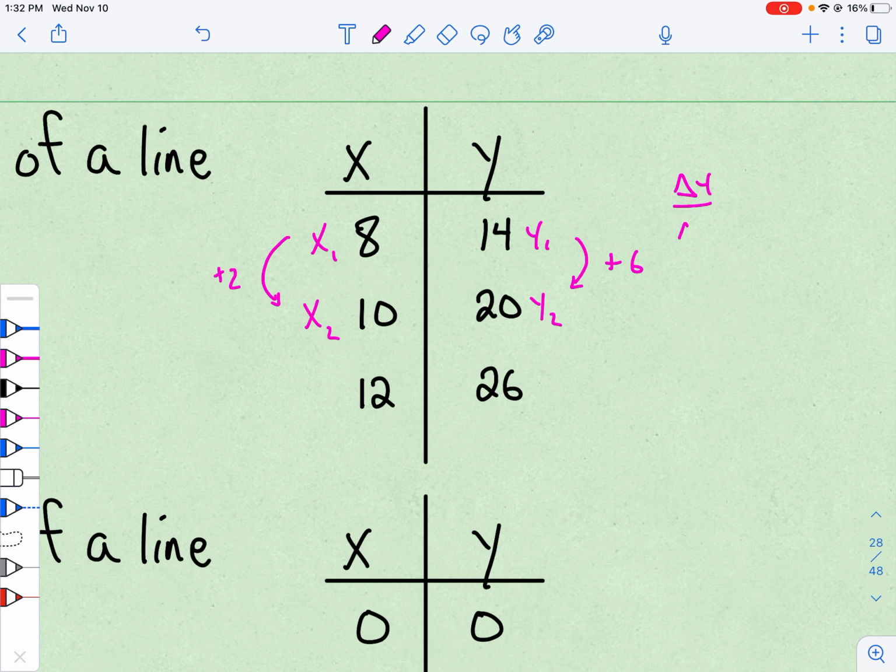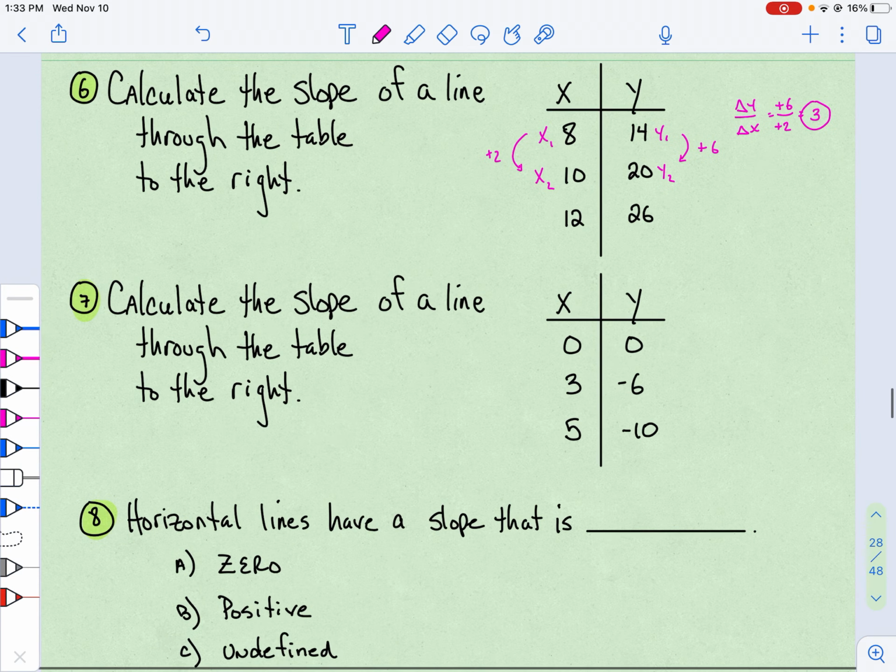And then with the change in y over the change in x, we end up with up 6, divided by up 2, so our answer is 3. That makes it look like it's a negative, so let's clean that up a tiny bit. Positive 3.